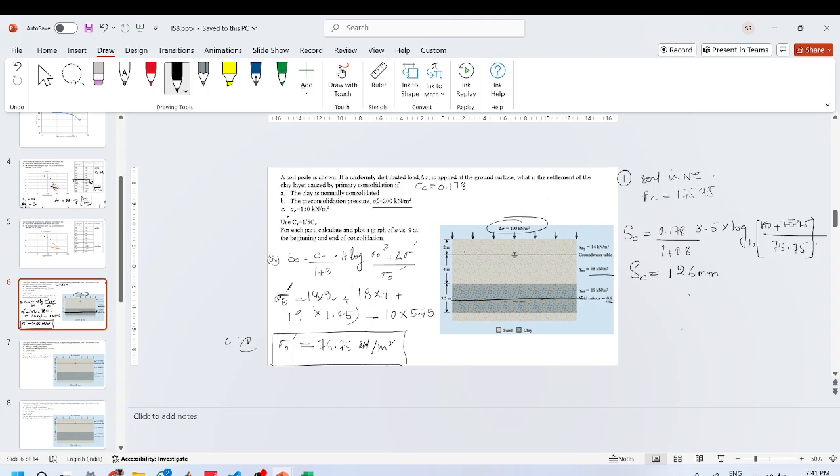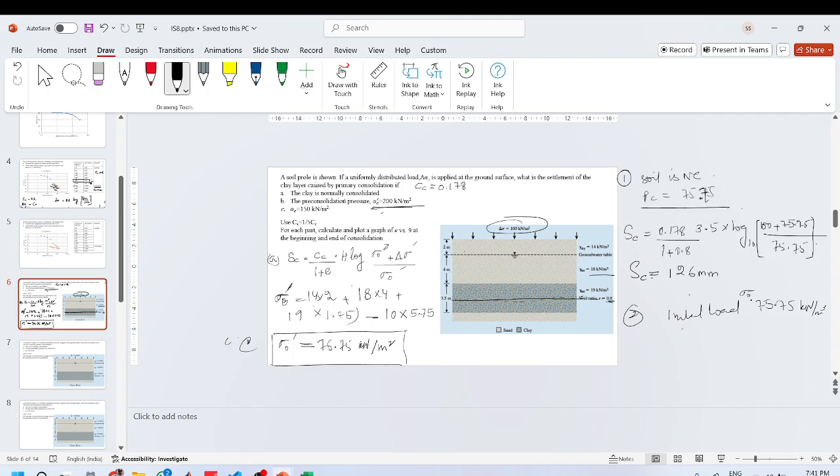Okay. So the next question is, if the pre-consolidation pressure is 200. So here pre-consolidation pressure was 75.7. Now if pre-consolidation pressure is 200, I am loading, initial load is 75.75 kilonewton per meter.